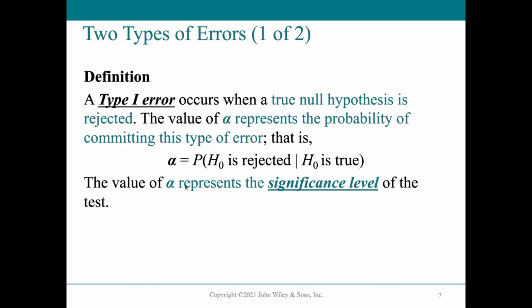Now, alpha is the significance level of the test, where it tells us how probable we are to commit a type 1 error. How probable are we to actually have a false positive, to declare something as guilty or significant, but it's really not significant.